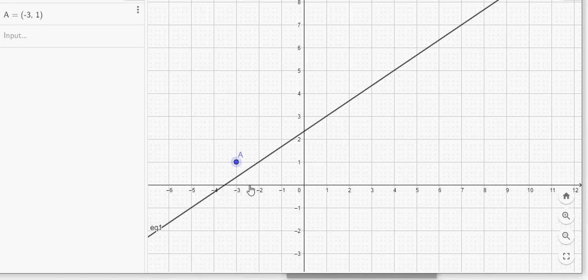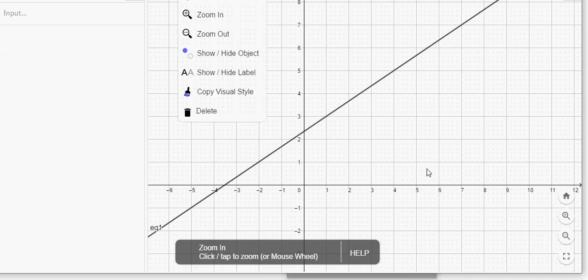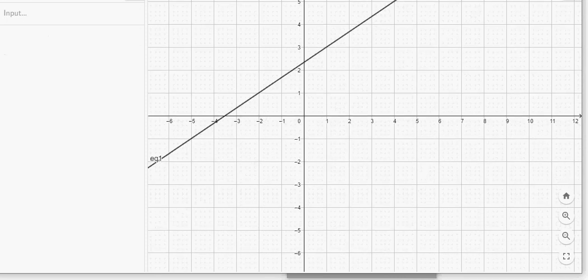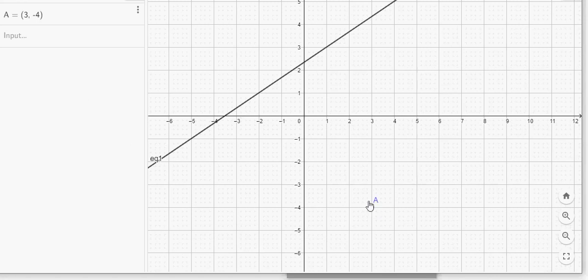And the next one? 3, minus 4. I'll move it down. 3, minus 4, yeah? Now, it's very clear to see. And the other one was minus 3, 1.